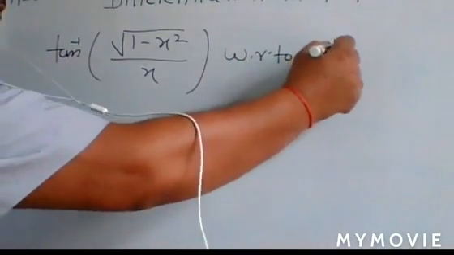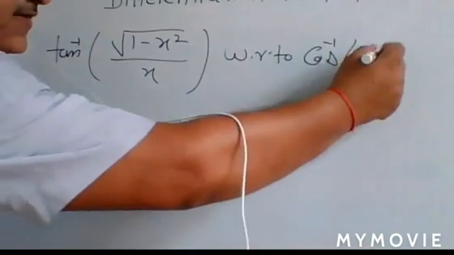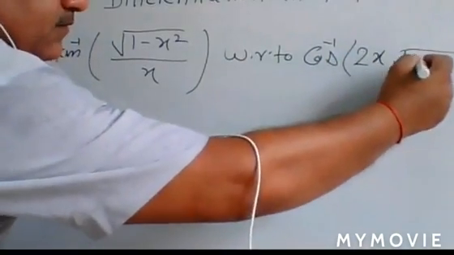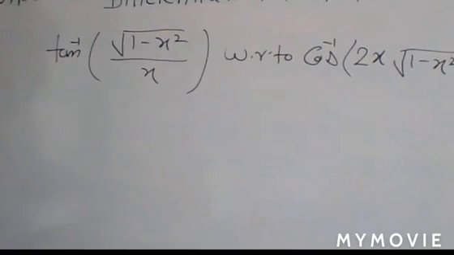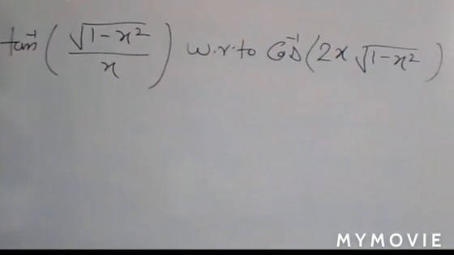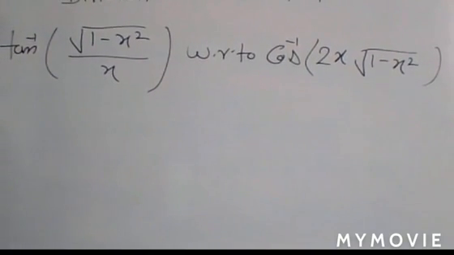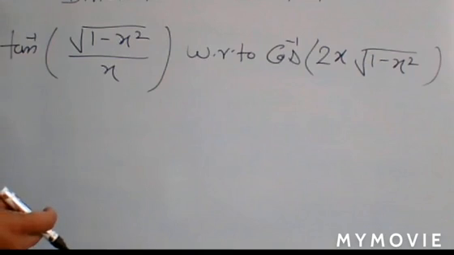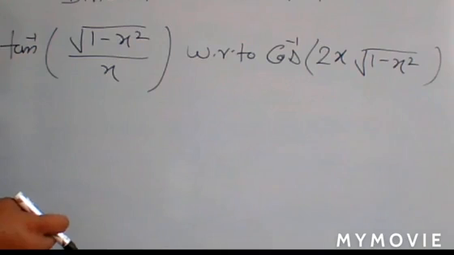cos inverse 2x under root 1 minus x square. Your question is like that. You have to differentiate tan inverse under root 1 minus x square by x with respect to cos inverse 2x under root 1 minus x square.